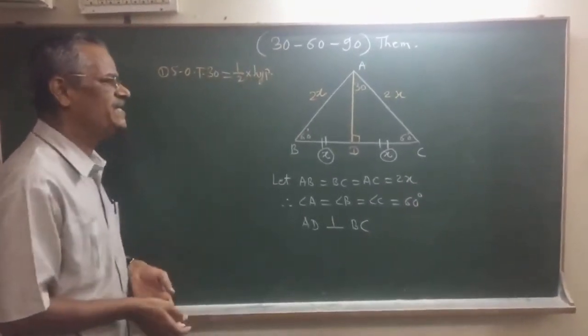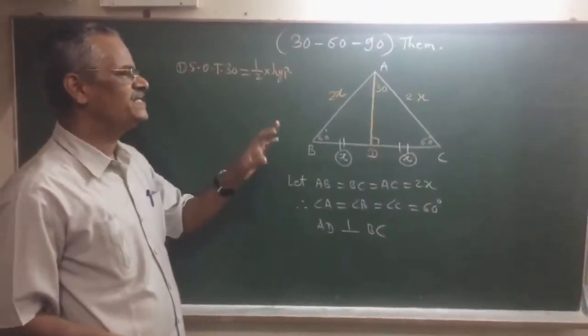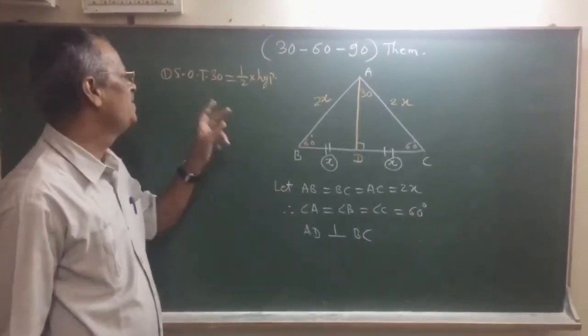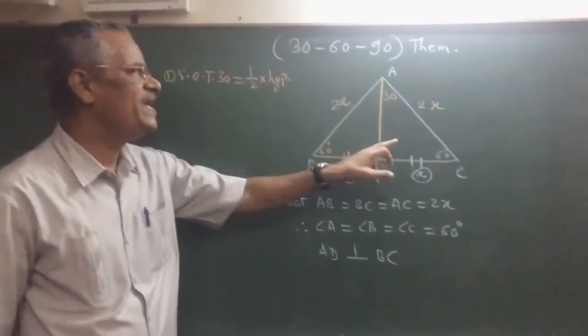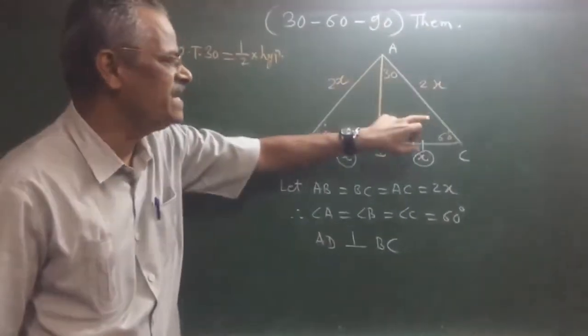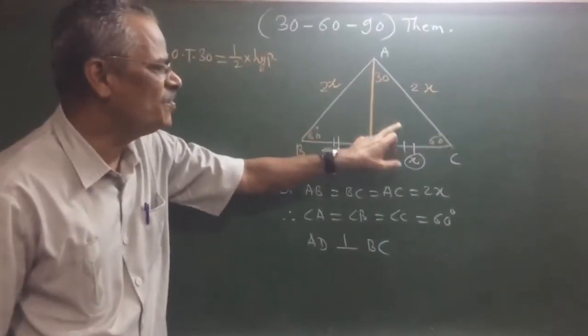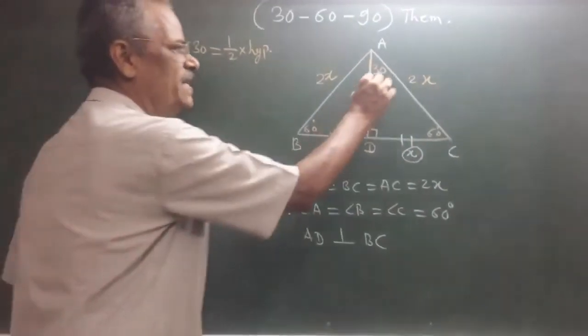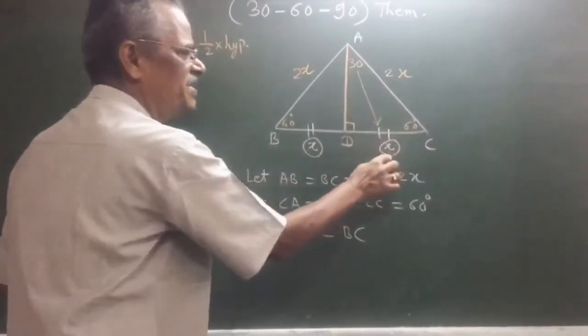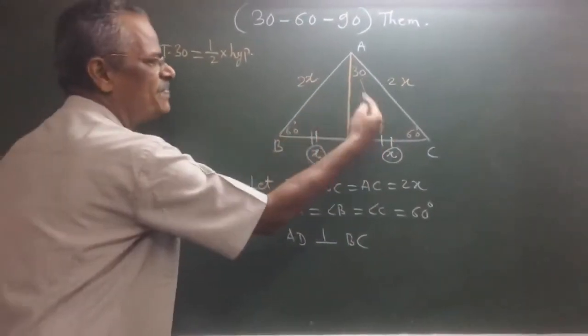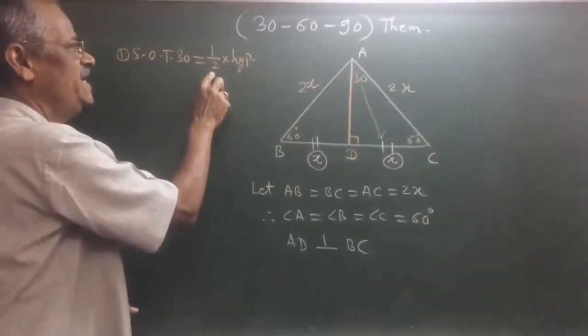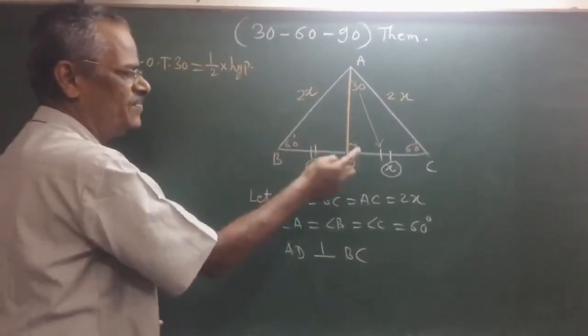This is known as the 30, 60, 90 theorem. In any 30, 60, 90 triangle, the side opposite to 30 is always half of the hypotenuse. It is always half of the hypotenuse.